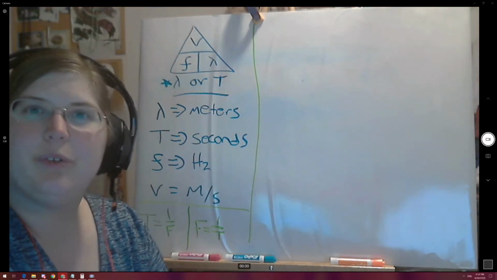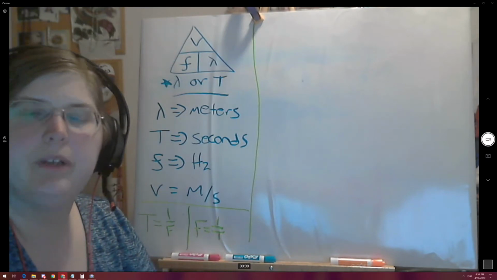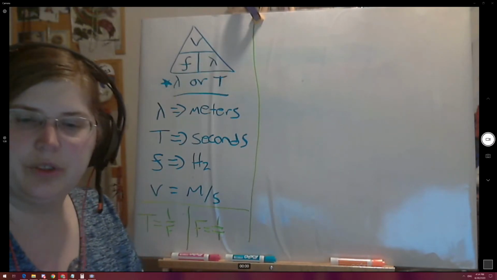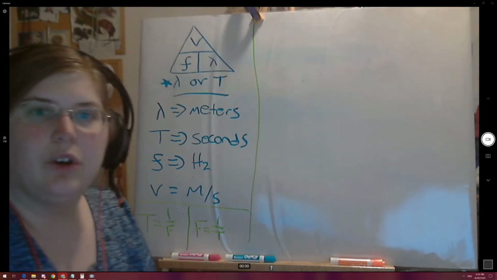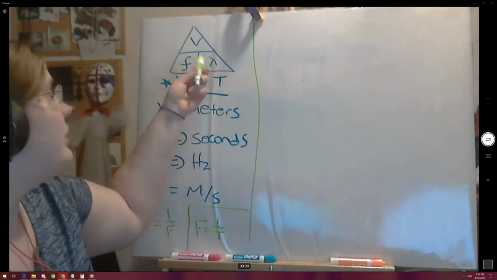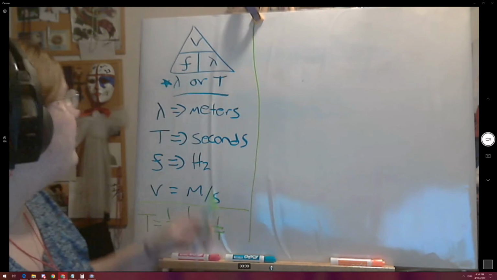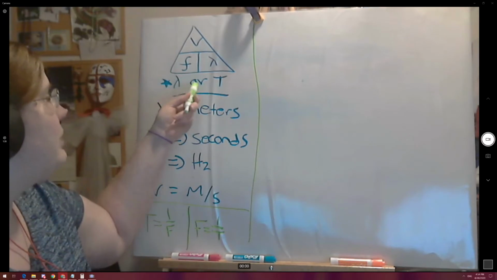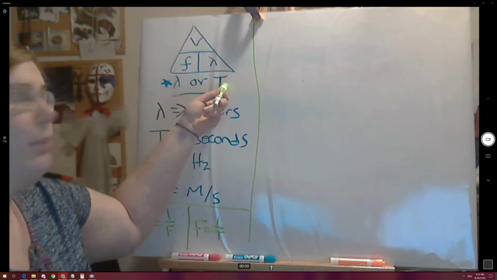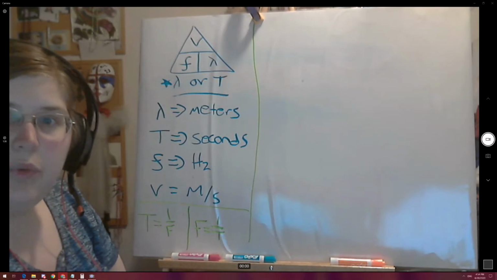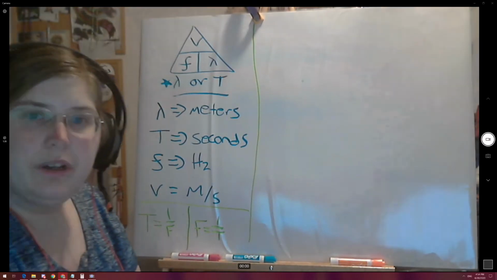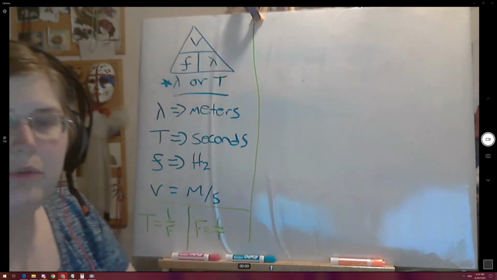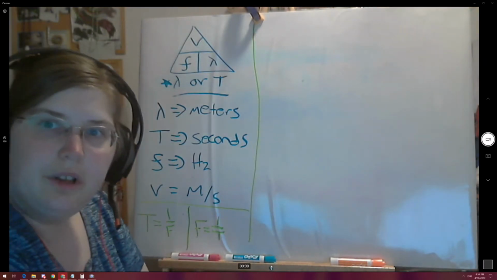I heard from a couple of you that you don't quite understand our periods and frequency sheet, this one right here. I wanted to do a couple examples for you just to help you figure it out. On your notes I gave you this pyramid up here. I also mentioned that wavelength, which is represented by lambda, can be substituted in for T, which is period. So when we're looking for our period, we can just cover up wavelength and use that to find the equation we're looking for.